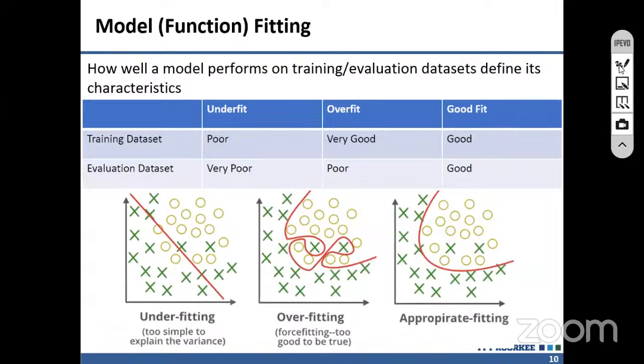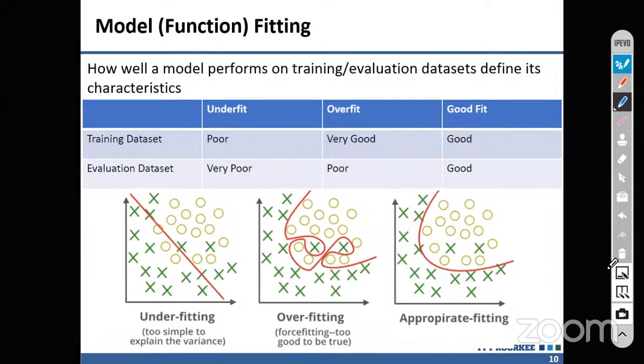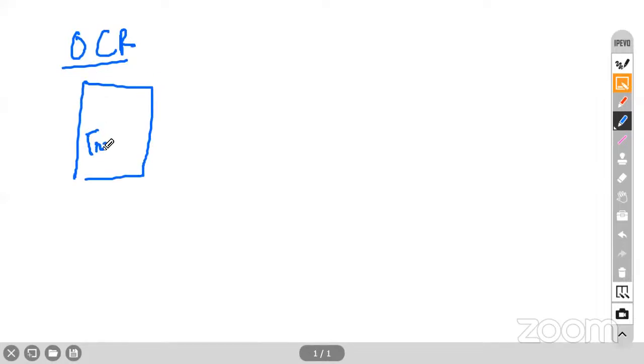When we work with a data set, for example the MNIST OCR character recognition data set, you have some training data and a part is testing data.